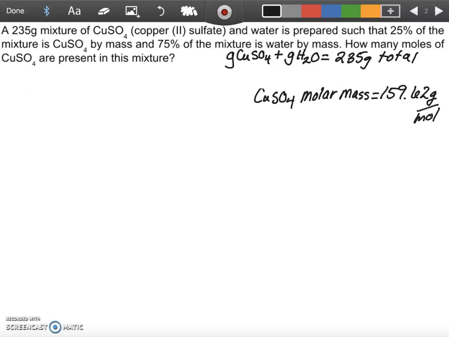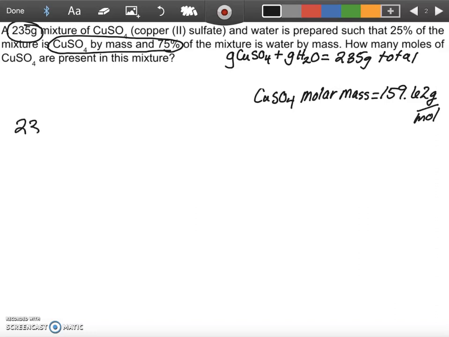If we take the percentages and multiply them by the total, that will give us how much mass that particular part contributes to the overall total mass. So for instance, it said that 75% of this mixture is made of copper 2 sulfate. That means 75% of 235 grams total is copper 2 sulfate. So we figure that out this way.